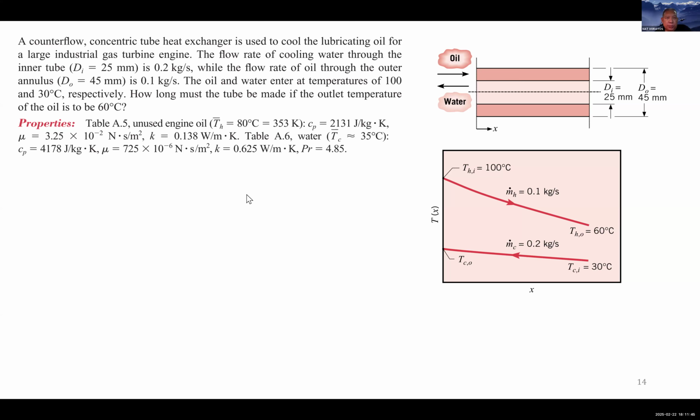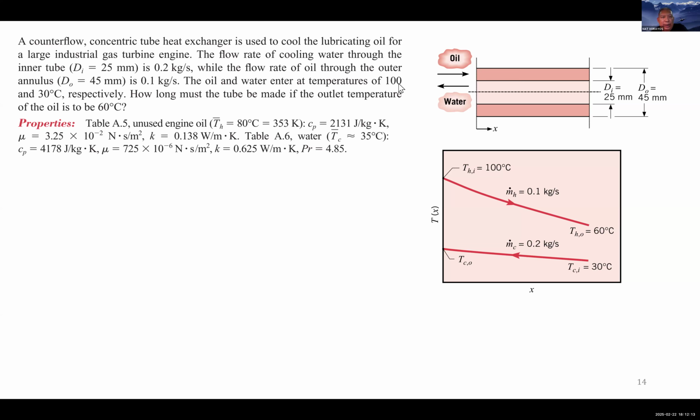So in order to find the properties of the fluid for the engine oil, because the inlet temperature is 100 and the outlet is 60, you can easily find the average temperature of the flow inside this heat exchanger.